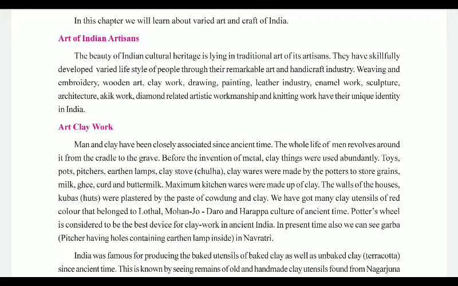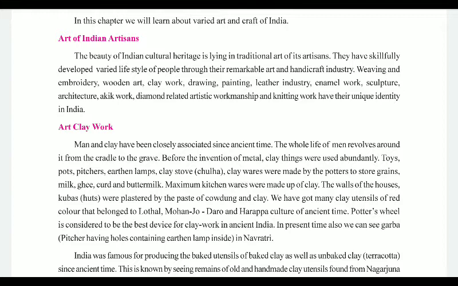The beauty of Indian cultural heritage lies in the traditional art of its artisans. They have skillfully developed the varied lifestyle of people through their remarkable arts and handicraft industry. Weaving and embroidery, wooden art, clay work, drawing, painting, leather industry, animal work, sculpture, architecture, ecchic work, diamond-related artistic workmanship, and knitting work have their unique identity in India.